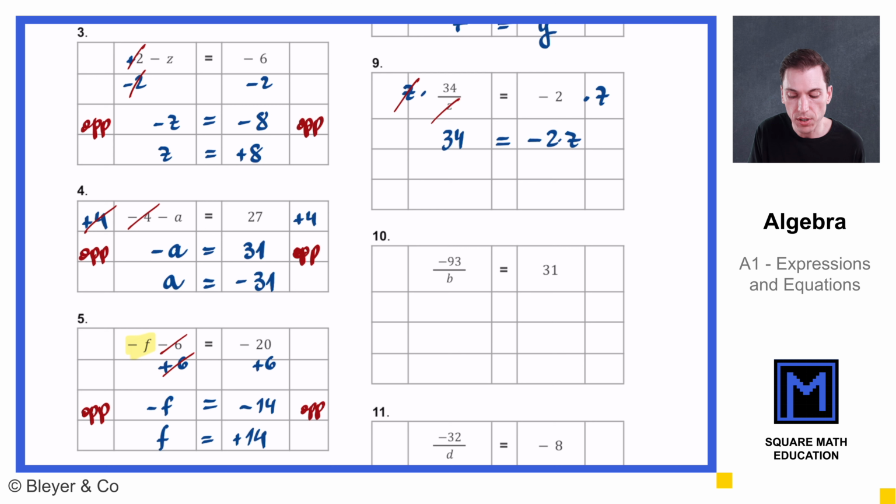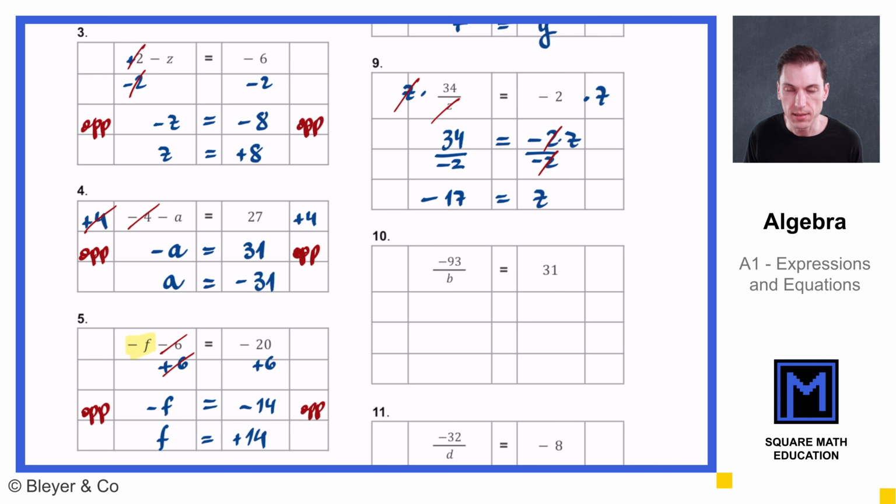Now we're going to divide both sides by negative 2. Negative 2 divided by negative 2 cancels out. We have z left. And then on the other side of my equation, a negative number and a positive number, the division is negative. 34 divided by 2 is 17.